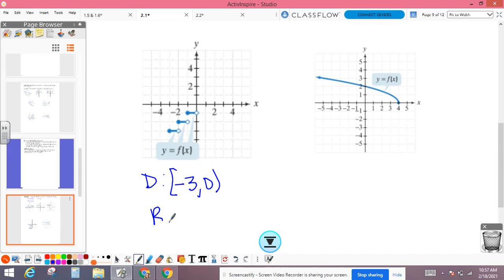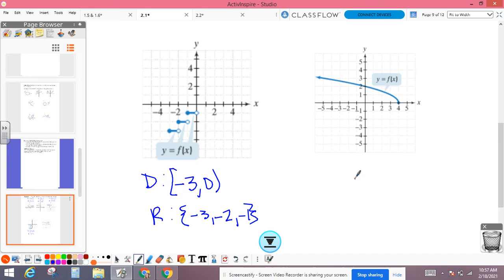For the range, though, we are only going to use the numbers -3, -2, and -1. So we're going to write that as a list. You can't write it as interval notation because you can't say go from this number to this number.